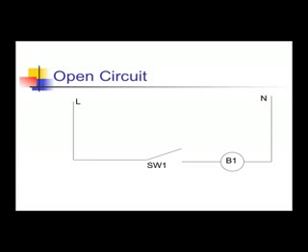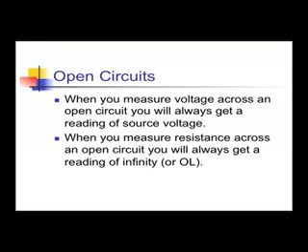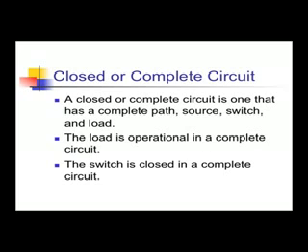Open circuits are circuits that do not have a complete path for electricity to flow. These circuits require a source, switch, a path, and load. If any one of these components has a break, or a gap, or an open in it, the current cannot complete its circuit. This is an example of an open circuit. The switch, labeled SW1, is open, thus the electrons cannot flow across it.